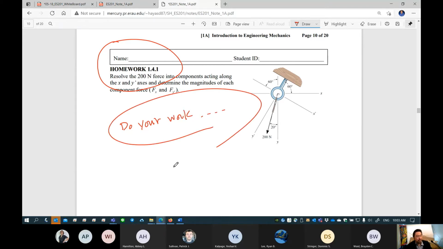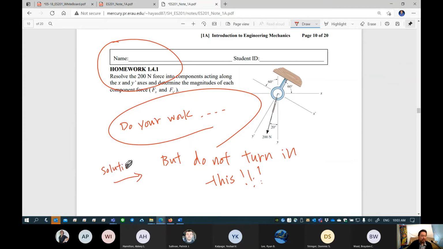But here's the point. Do not submit this page. This is your own solution. There's a big difference between your own solution and the actual submittal.